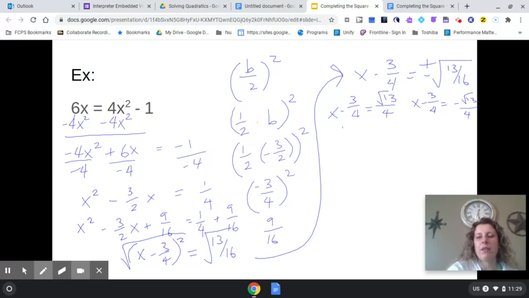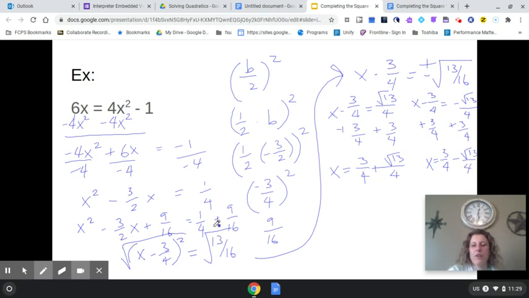All right, we would add 3/4 to both sides. On this left side, we get x equals 3/4 plus root 13 over 4. And again, we would add 3/4 on the right side equation as well, and we get x equals 3/4 minus root 13 over 4.